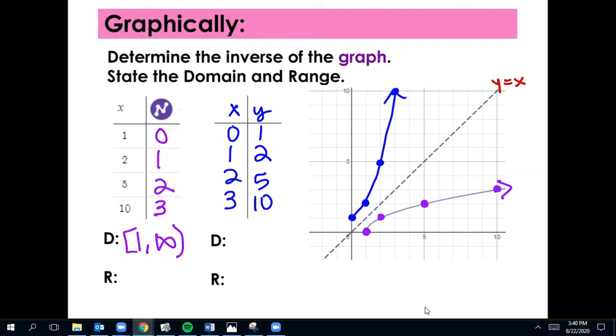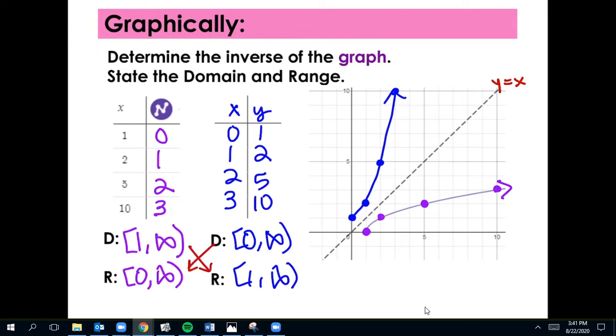And then we can look at the blue one. There we can see that the graph starts at 0 and then goes to infinity. Now we can see the ranges as well. The range are the y values, but I could also just put the domain of the purple function in for the range of the blue function, and the domain of the blue function in for the range of the other one. So they switch. I'm just going to draw little arrows. And that's something that you can do.